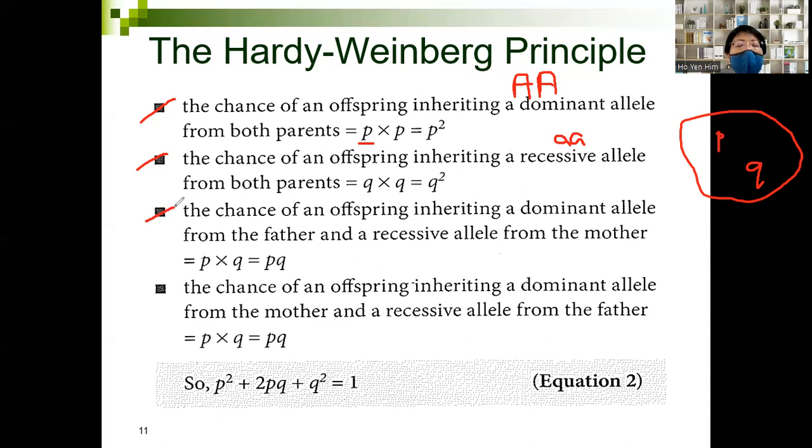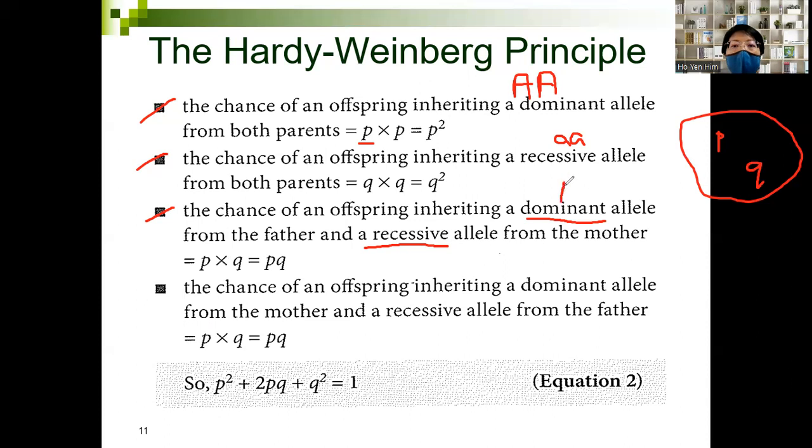Next, what is the chance of an offspring inheriting a dominant allele from the father and a recessive allele from the mother? Again, the chance of dominant allele in the population is p, the chance of recessive allele is q. So the answer is pq. So the proportion of heterozygous is pq.